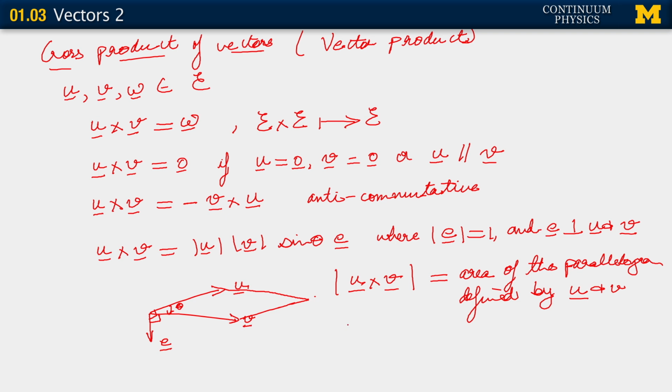Alternately, sometimes if we don't worry about the magnitude but just look at u cross v, it is often referred to as the area vector of the parallelogram. Okay, so that does it for our cross product, and that is also a good place to end this segment.